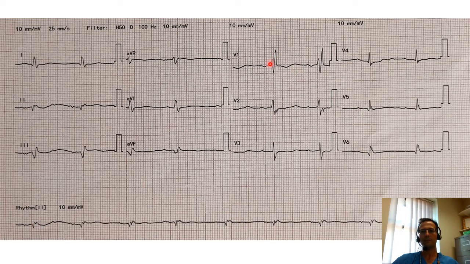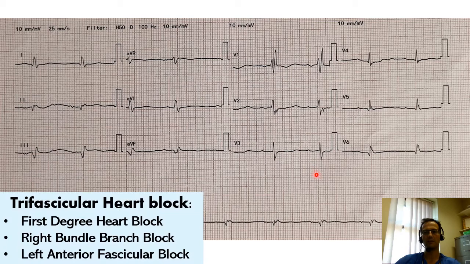So we have right bundle branch block. We've got negative in 2 and 3, so that makes it left axis deviation, and the PR interval is on the long side. If we measure from the start of there, it's over 200 milliseconds. So this is trifascicular block.